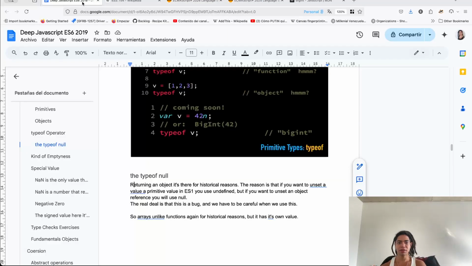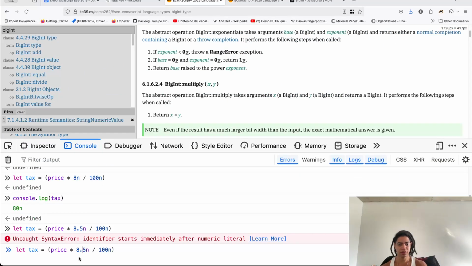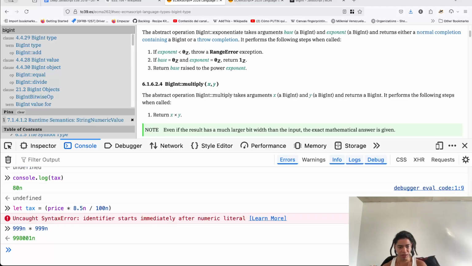So in other words, if you do something like this, let's multiply 99 BigInt times 99 BigInt, it's going to give you the mathematical number of this. So for example, you say this in natural numbers times 99, it gives you that.